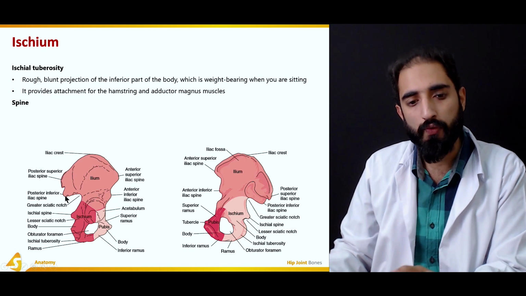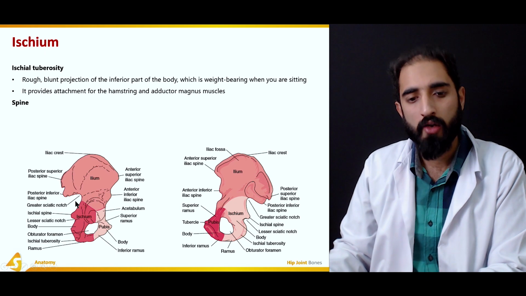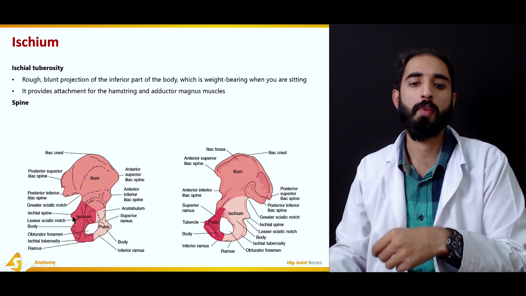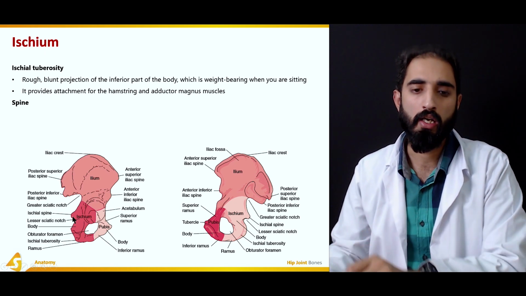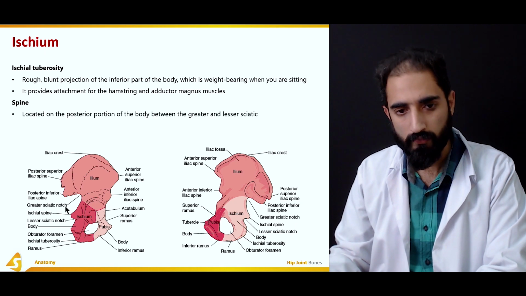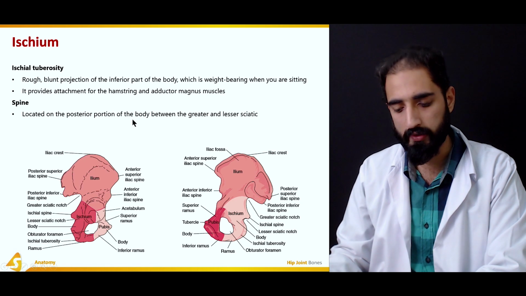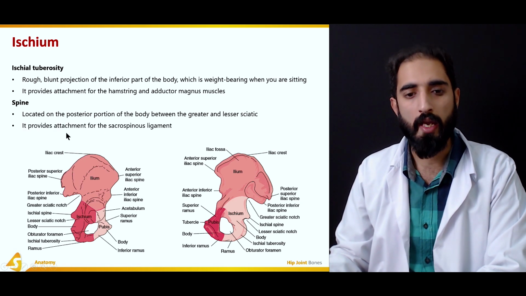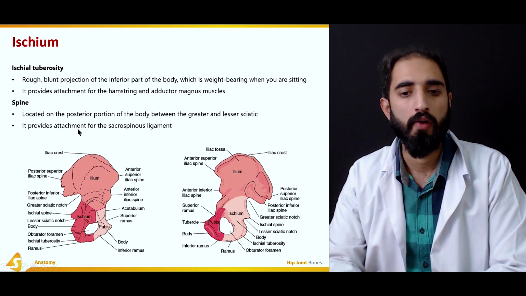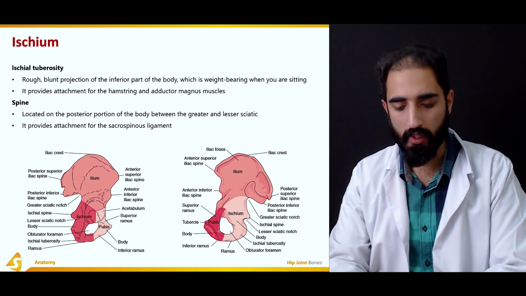So the posterior inferior iliac spine is above the greater sciatic notch, and the ischial spine is below the greater sciatic notch. It is located on the posterior portion of the body between the greater and lesser sciatic notch, and it provides attachment for the sacrospinous ligament.